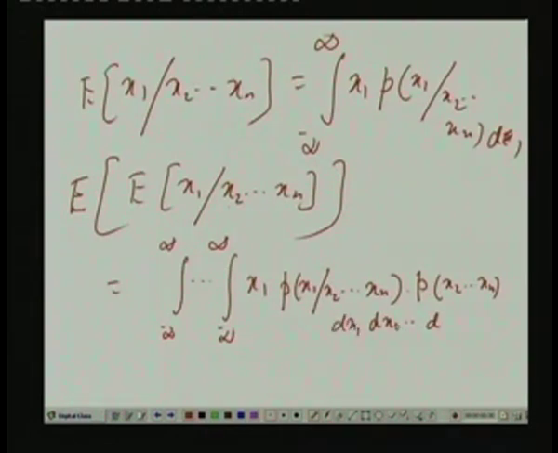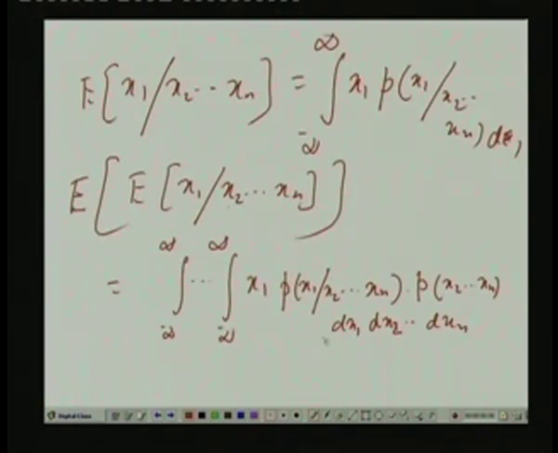Earlier we had dx1, now dx2 to dxn. So, this product of the two probability densities, one conditional and one joint, becomes equal to the joint density of x1 to xn. That multiplying x1 and if you integrate it with respect to all the random variables, obviously that will give you the mean of x1.